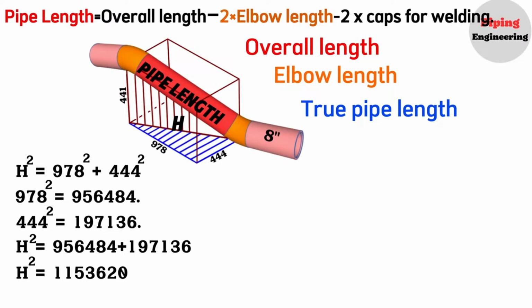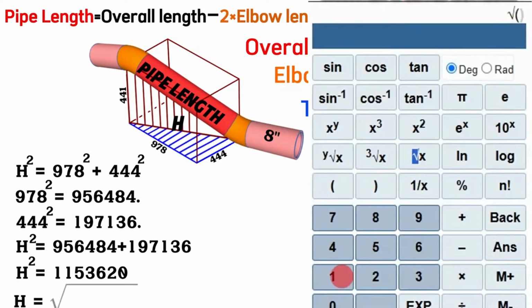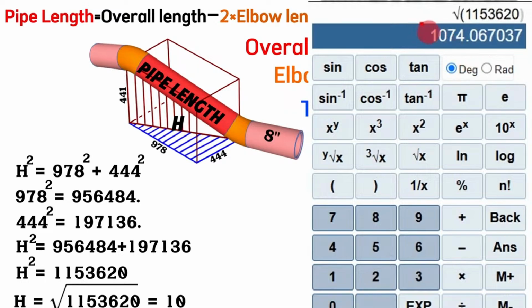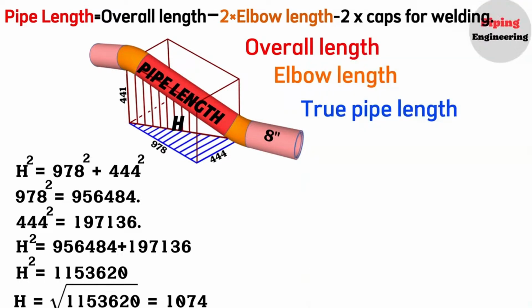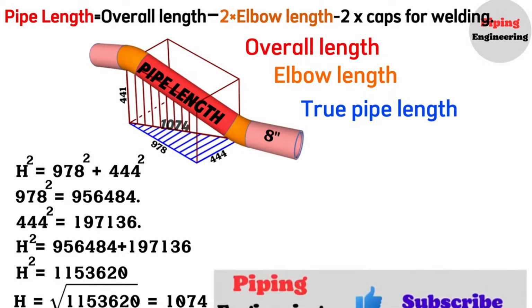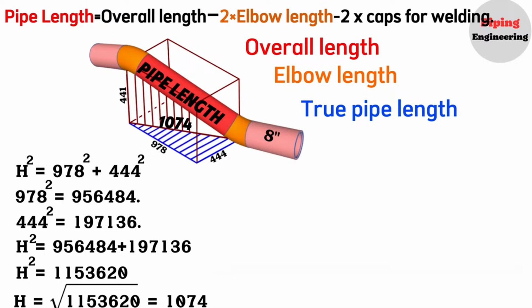Again, using a calculator, H will equal the square root of 1,153,620, approximately 1074. So, after performing the calculations, we found that the length of the hypotenuse of the horizontal dashed line right-angle triangle is 1074 mm.